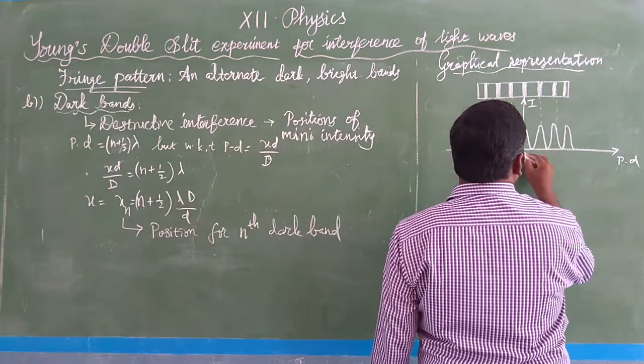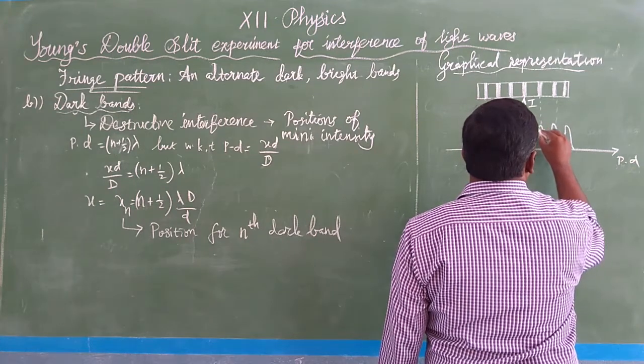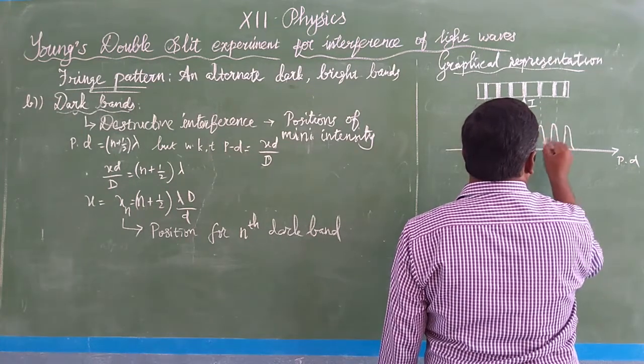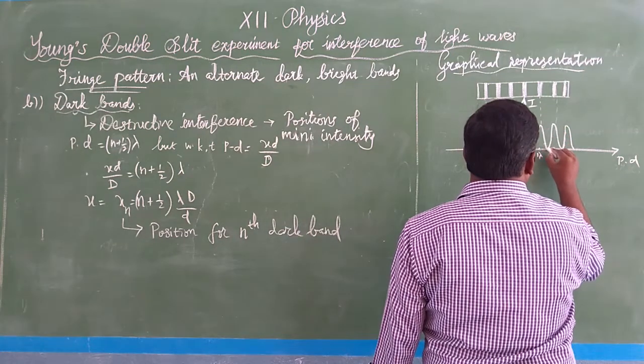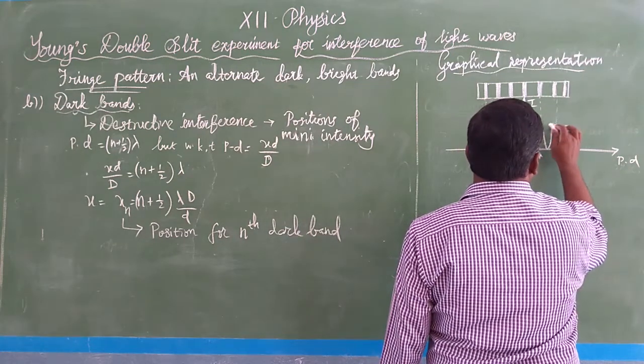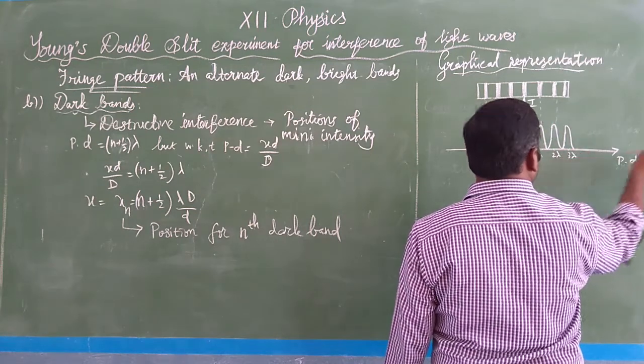Okay, so this is 0. The wave emanated from here and finished one cycle. So this is 1 lambda. Again the second wave originated from here, finished here. So this is 2 lambda. Similarly this is 3 lambda. It goes on.